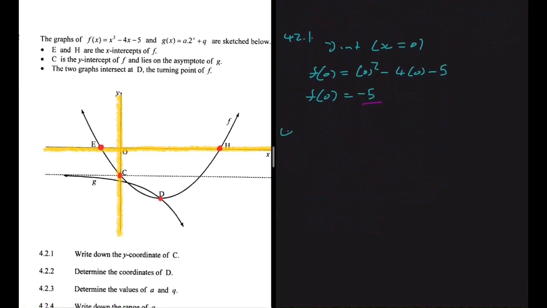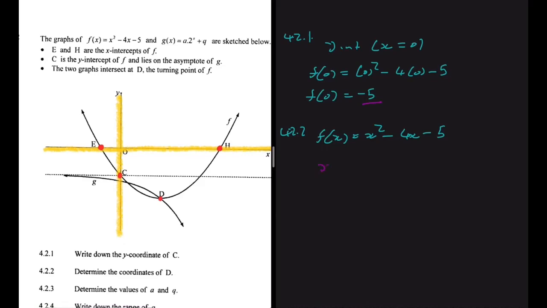And then the next question, 4.2.2, let's determine the coordinates of D. D is the turning point of f of x. So we have f of x, let's not forget, being equal to x squared minus 4x minus 5. If we want to find the coordinates of the turning point, it's beneficial to start with the x value of the turning point, because we have a formula for that.